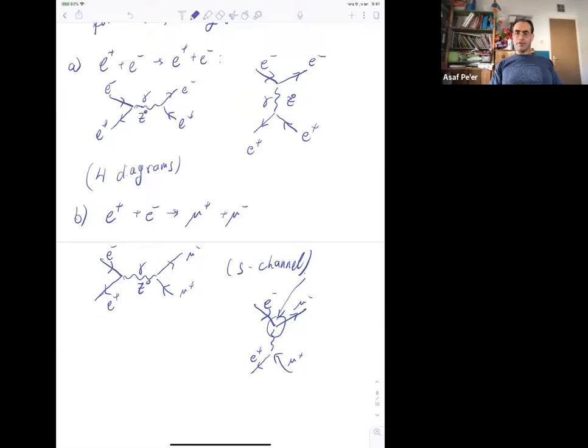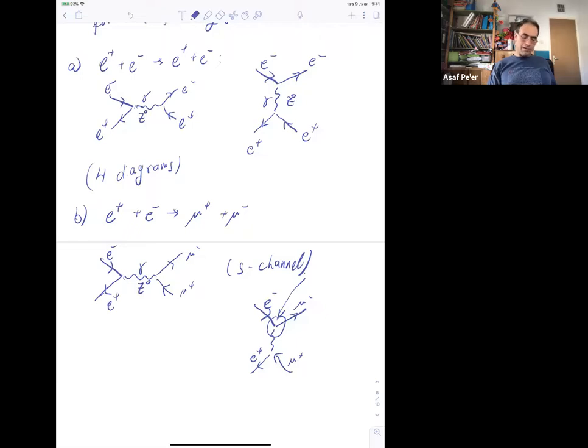It's a conserved quantity. Now, I don't have any particles that can take away one generation and produce another generation. There is one exception, which is the W bosons, because these are the only ones that allow flavor exchange. But here, if I were to draw something like that, I'll have to have a vertex that somehow transfers the leptonic generation, the e to a mu, and that is not allowed.